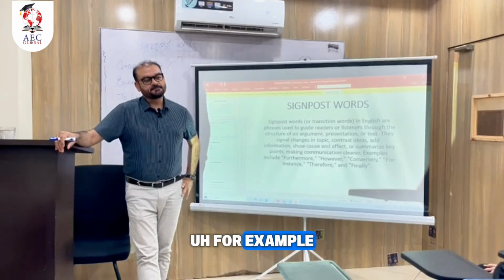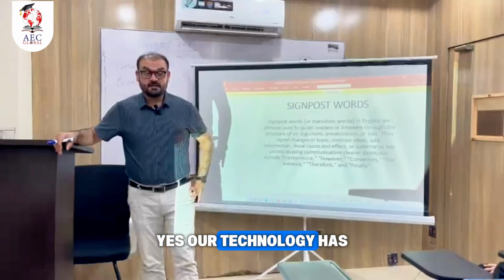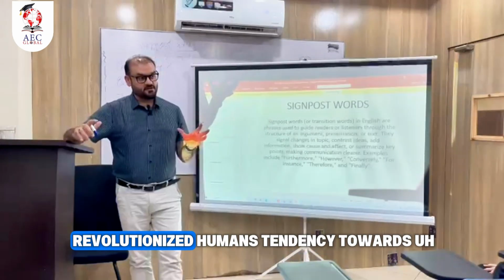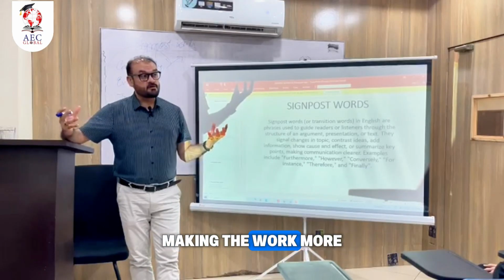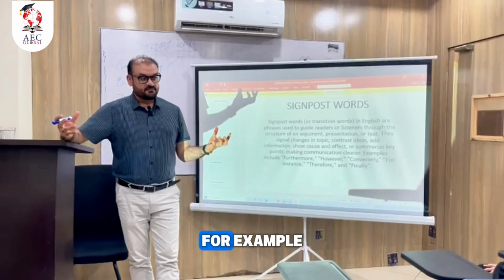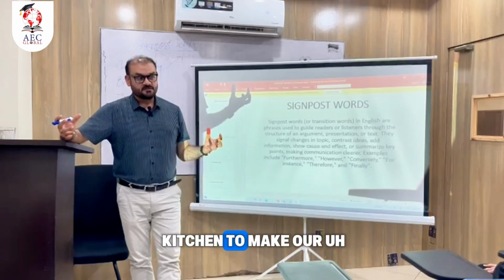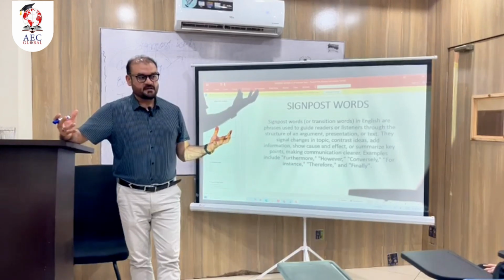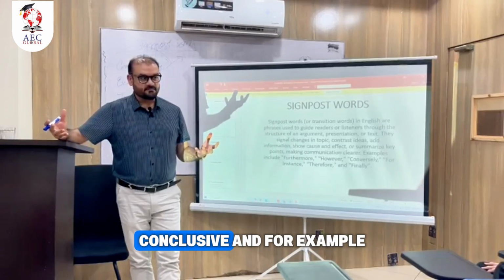Now listen to my sentences, my paragraph, very carefully. For example, our technology has revolutionized humans' tendency towards making work more effective and efficient. For example, this technology has been used in our kitchen to make our appliances more conclusive.